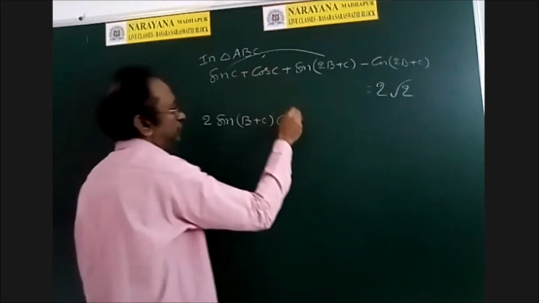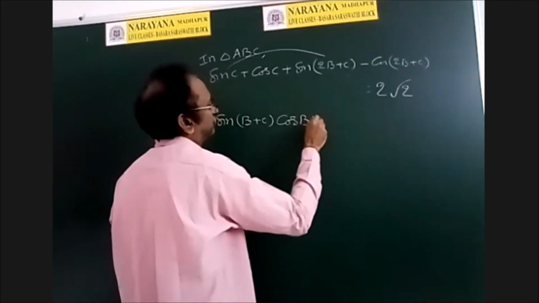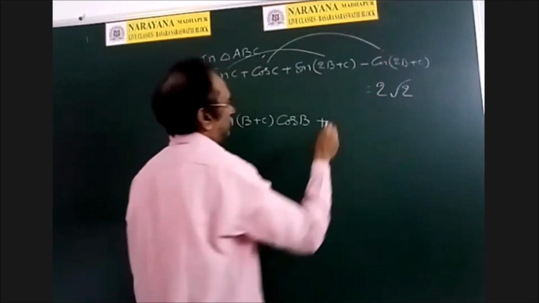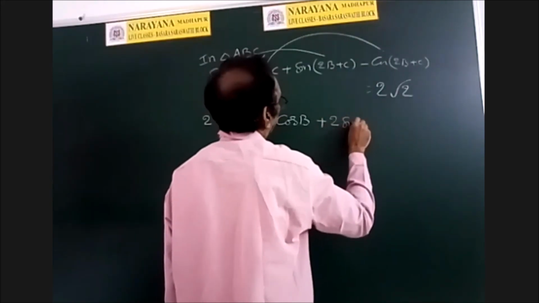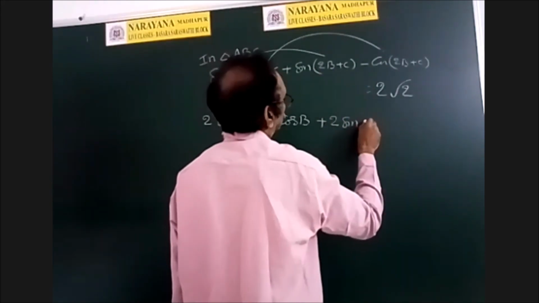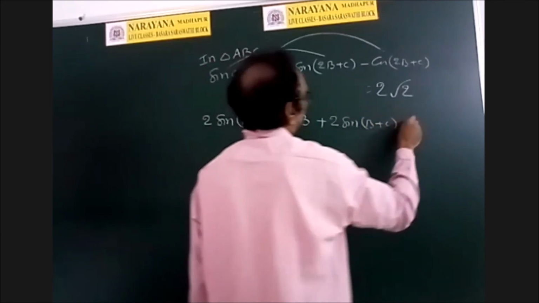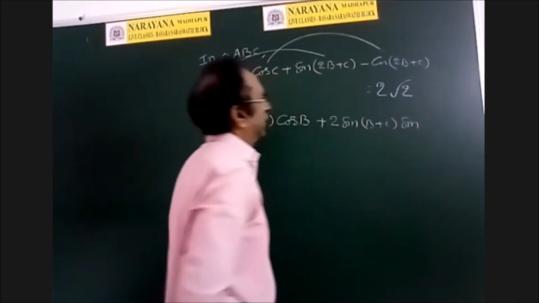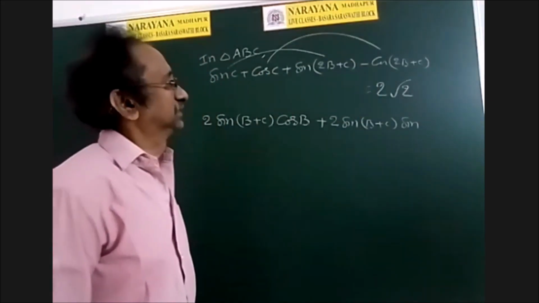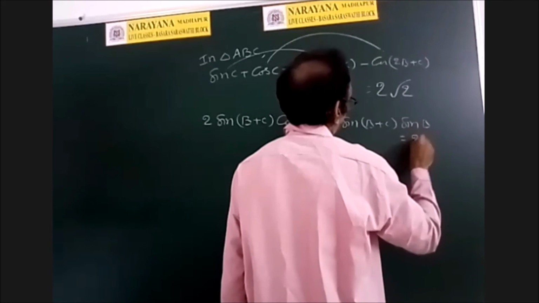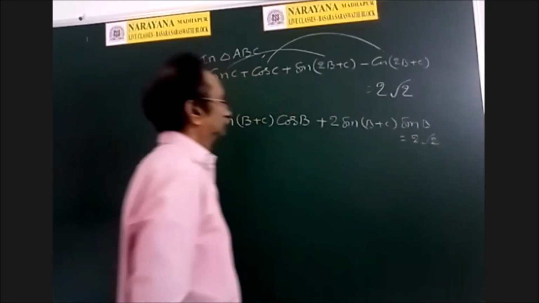So that is cos B. Plus again cos C minus cos D formula, 2 sin (C plus D) by 2, that is sin (B plus C), sin of (2B plus C minus C) by 2, that is sin B, is equal to 2 root 2.